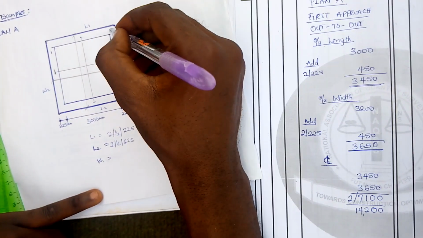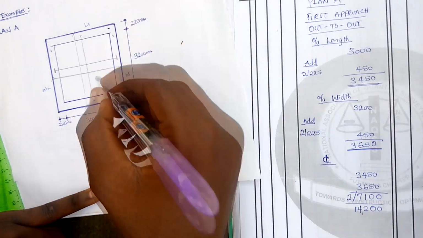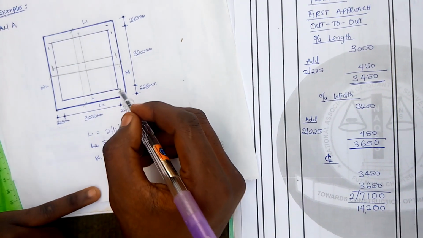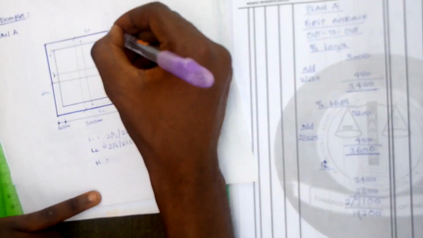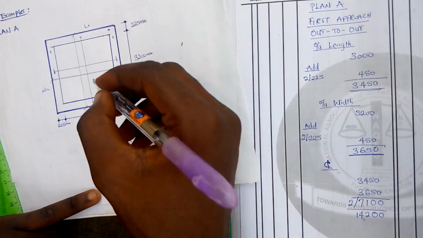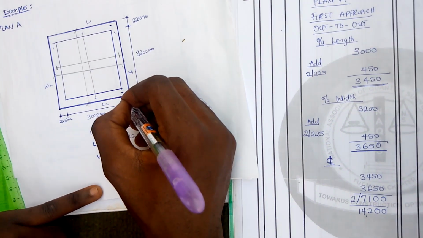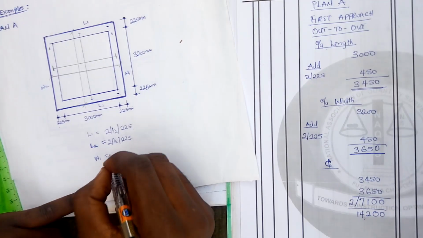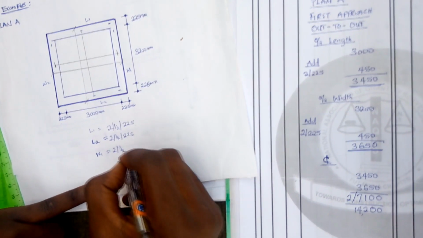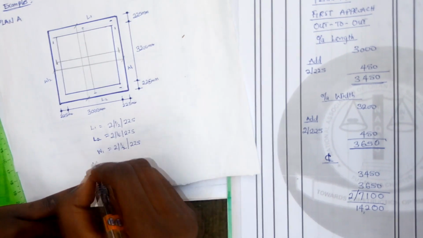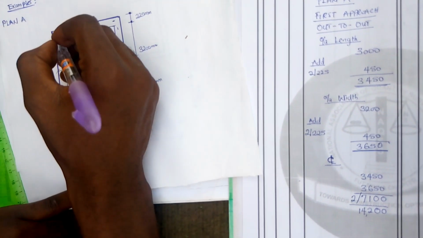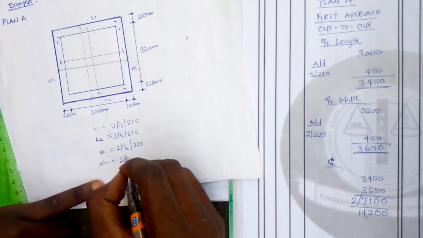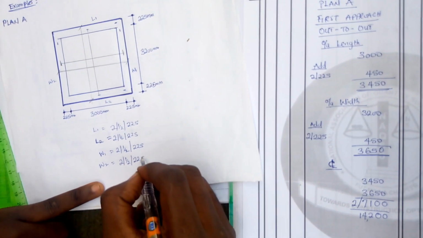Our mean girth is going to start from this internal part to this central part. So since my mean girth will commence from here to here, I need to deduct this place, which is half of the block thickness, and also this place, which is another half of block thickness, giving us 2 half of our block thickness. The same thing goes for width 2. We have to deduct 2 half of the block thickness.